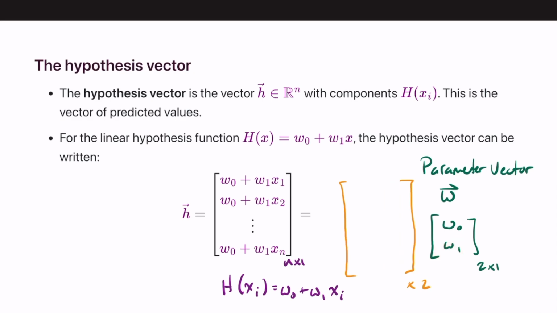And if we had a w sub 2, we'd have then a third column. But in this case, we only have w naught, w sub 1. So the easy thing to do is to know that if we want our w sub 1 to multiply some column here, well, in here, it's multiplying x, x1, x2, all the way to xn, and n being the number of rows that we have. So this obviously has to be n. And here we're going to have our x sub 1, x sub 2, all the way to x sub n.